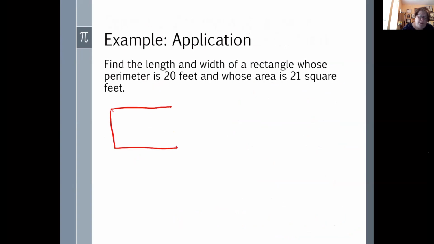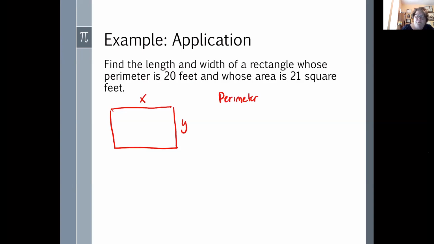So I always like to draw a picture. And it really doesn't matter if I let the length be x and the width be y or the other way around. All right, so what is the perimeter formula?